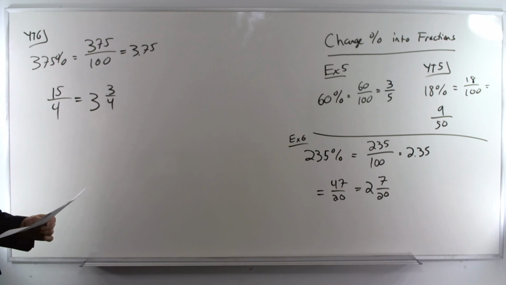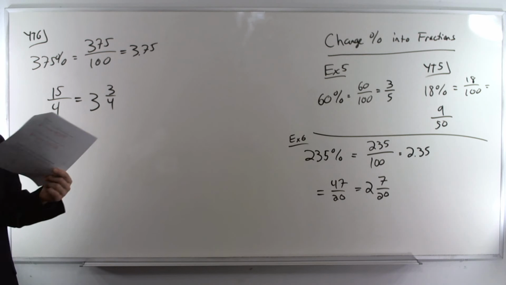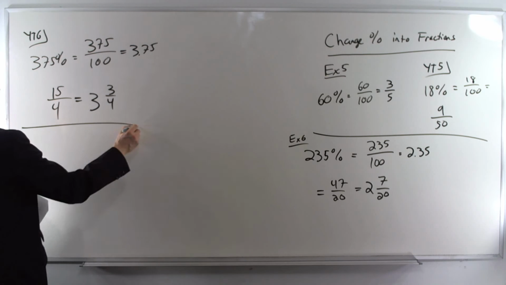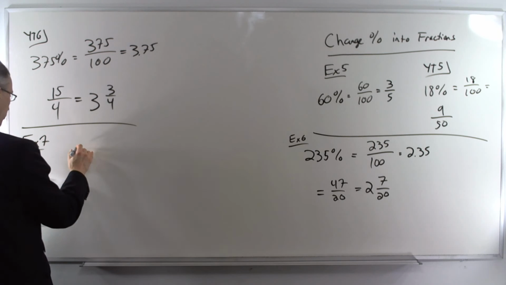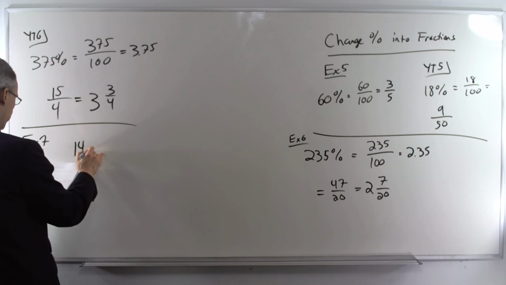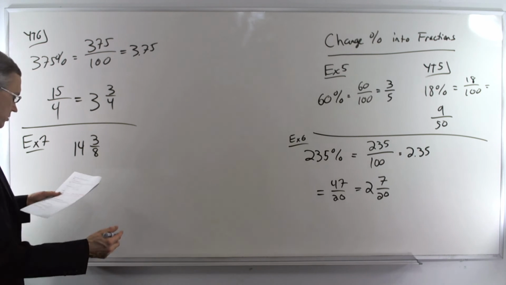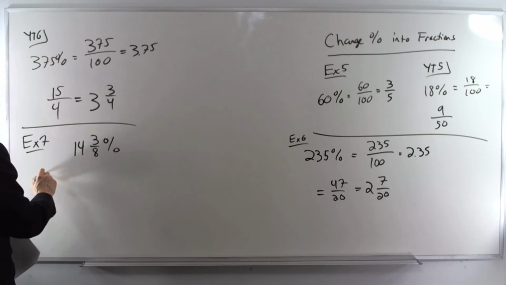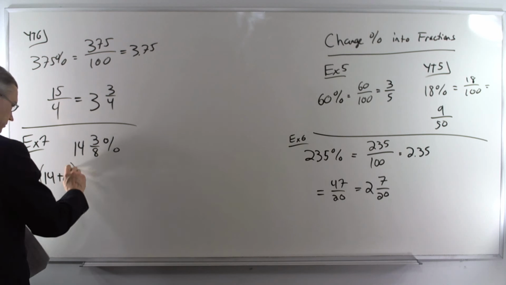Now sometimes a number is presented as a percent with a mixed number in it. Now anything can be a percent, it's just another number. It's just presented in a different form. So let's take a look at example 7. It's important to understand exactly what a mixed number is. 14 3/8 percent. Well, 14 3/8 is just 14 plus the fraction 3/8.